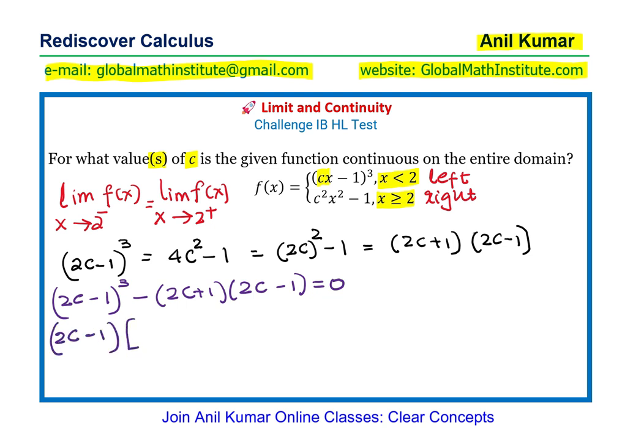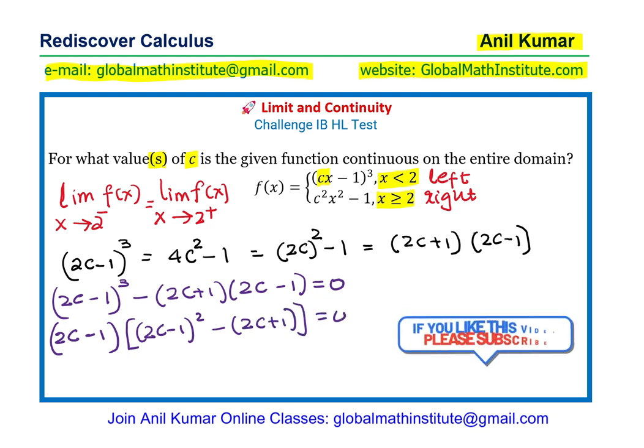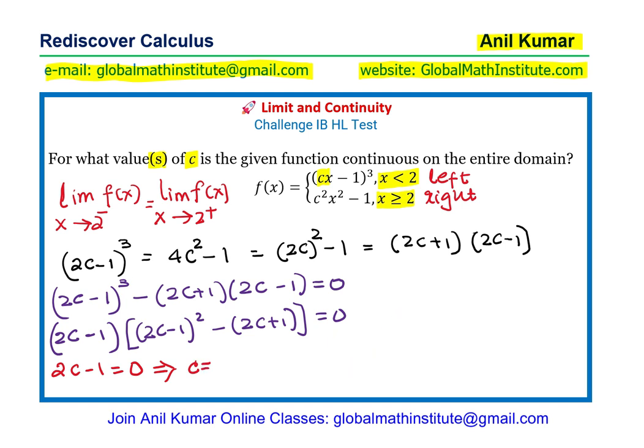We're left with (2c minus 1) whole squared minus (2c plus 1), correct, equals 0. That gives you at least one answer: the factor 2c minus 1 could be equal to 0. So 2c minus 1 equals 0, which gives you the value of c, taking 1 to the other side and dividing by 2, as half. So we get one answer.